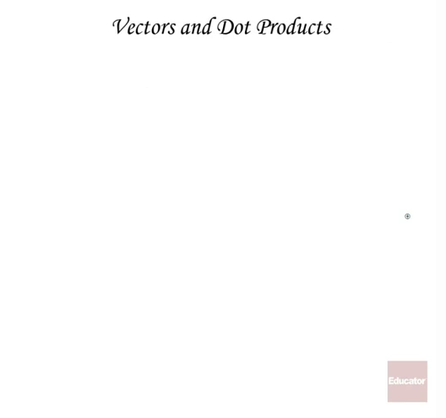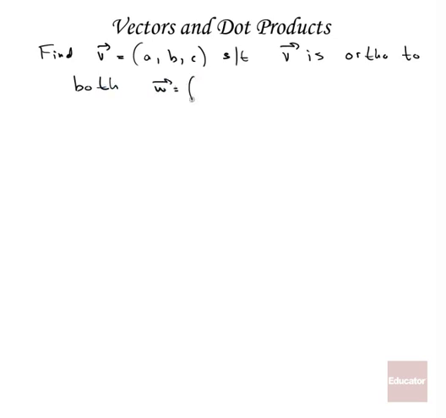Okay, let's do one final example, a little bit more complex, sort of tie in some of the things that we did in previous lessons. We want to find a vector v, which is a, b, c, such that v is orthogonal to both w, which is 1, 2, 1, and x, which is equal to 1, minus 1, 1.